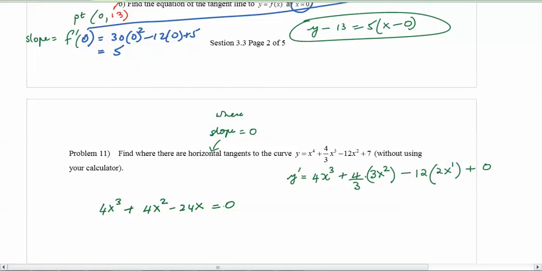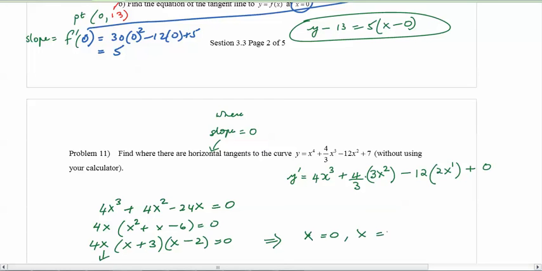This is a cubic equation, but actually it's not nearly as bad as it looks. Let's factor out the common factor of 4x. I get x squared plus x minus 6 equals 0. And that factors very nicely. And I get the solutions. 4 is clearly not 0, but x could be 0. X could be -3, or x could be 2.